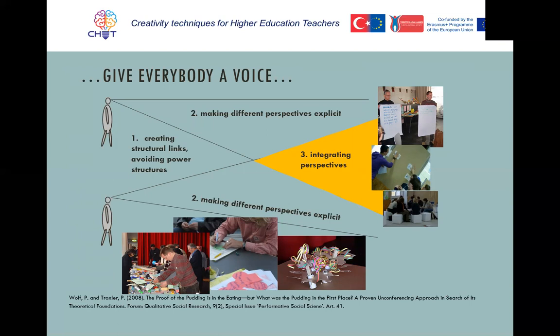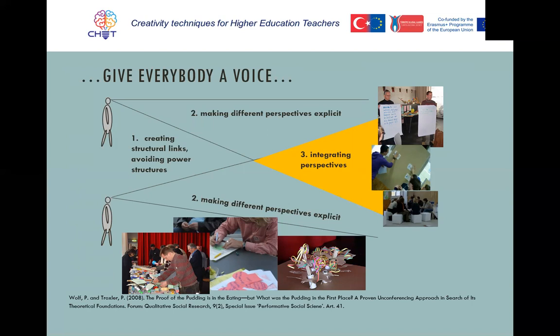That doesn't help them. That doesn't help creative processes. And then what we quite often see is that people come together in a room and then somebody says, let's brainstorm. But brainstorming is a method which is aimed at integrating perspectives.